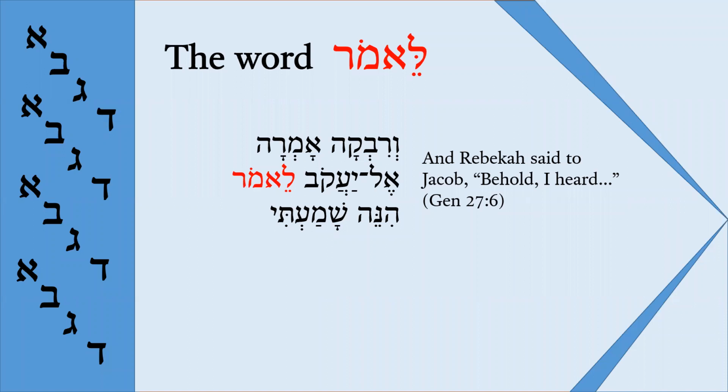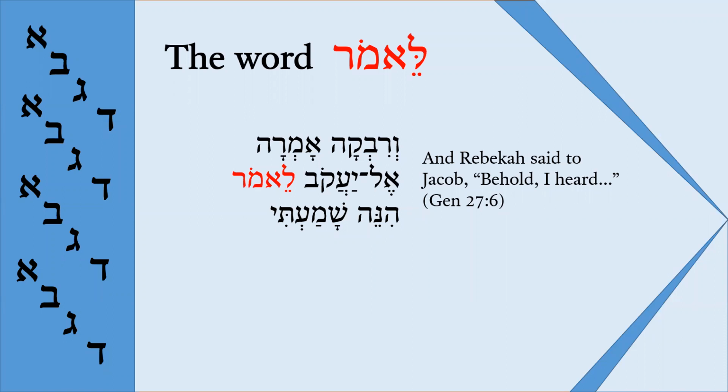I will give you just an example. Rivka amera el Yaakov lemor. Hine shamati, and the continuation, I didn't continue, just in order to give you the idea. And Rebecca said: Amara.